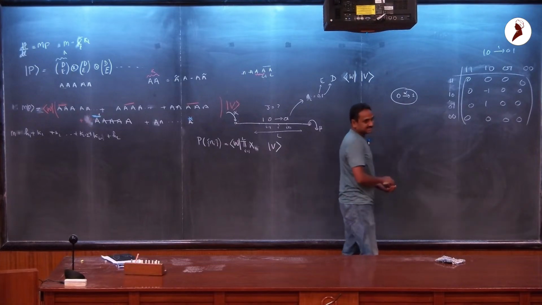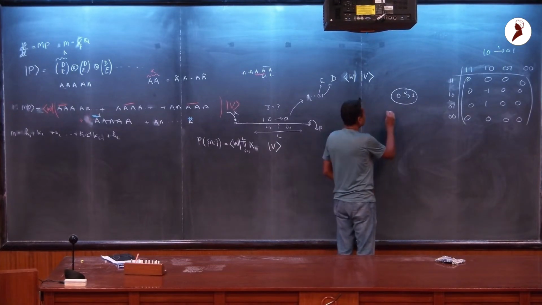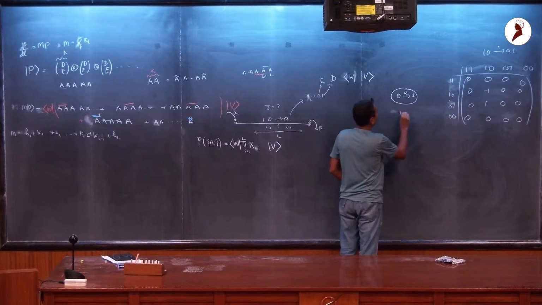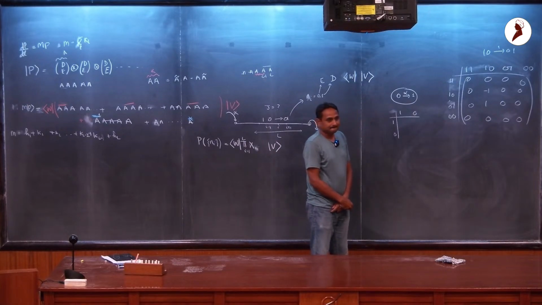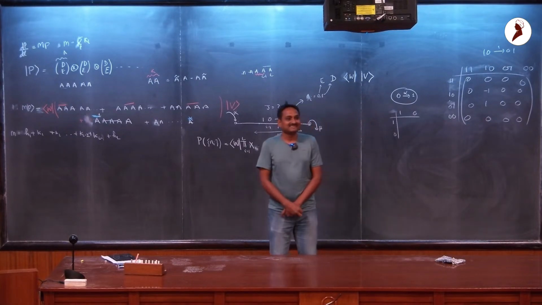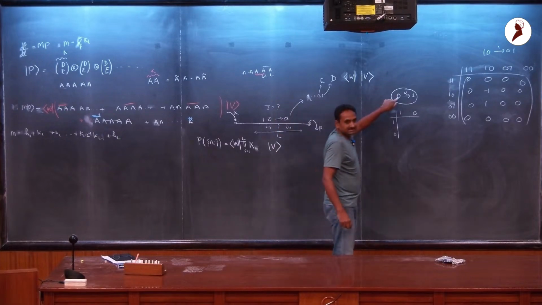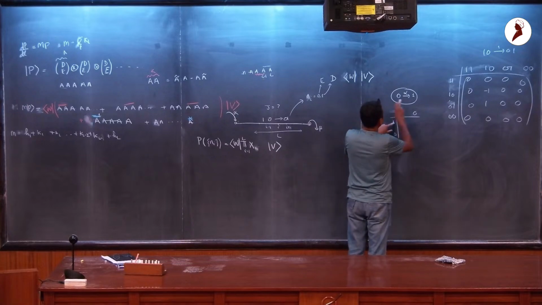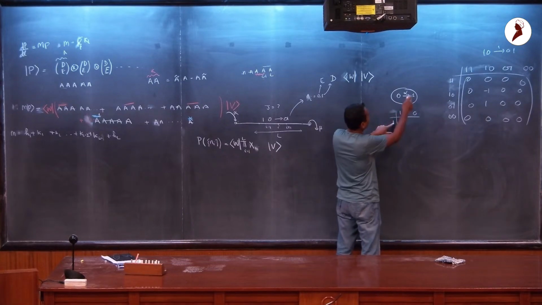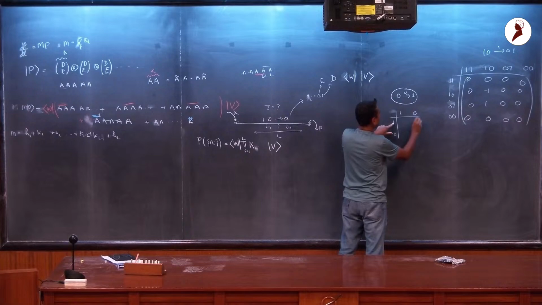So what is the matrix first? 0 going to 1. How do you write it? 0 with rate alpha loses. So 1 is gained from 0 with rate alpha.